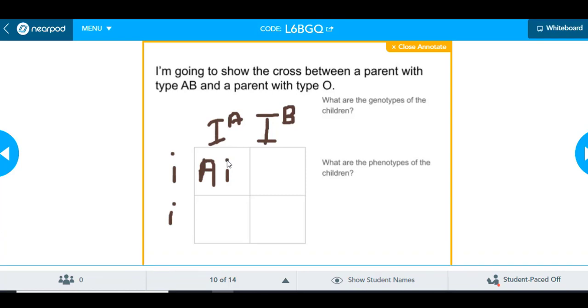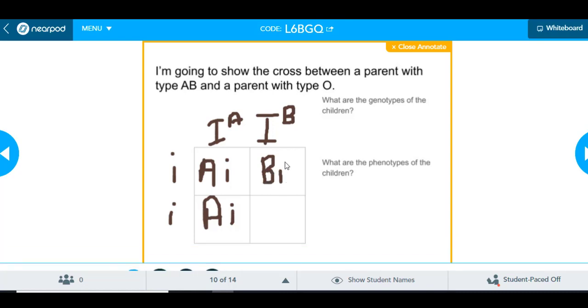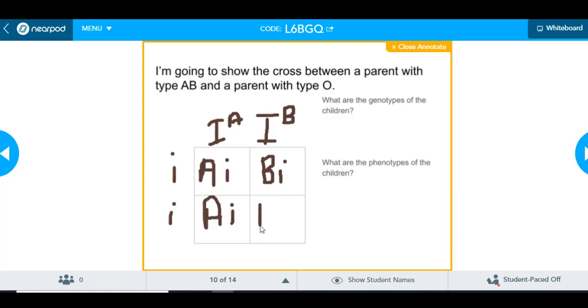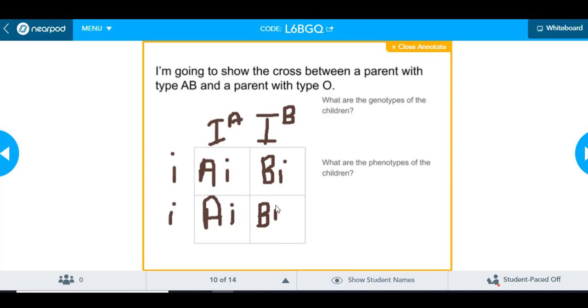So their possible offspring, or their possible children, because these are humans, I'm going to use a B to represent that I with a B. And I'm just going to go over the questions over here.